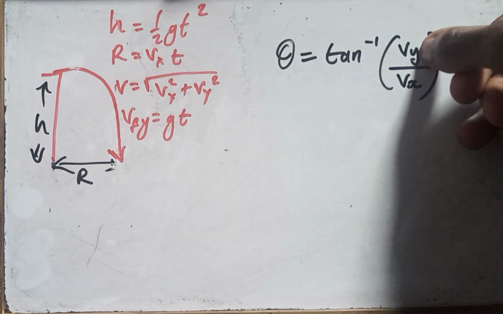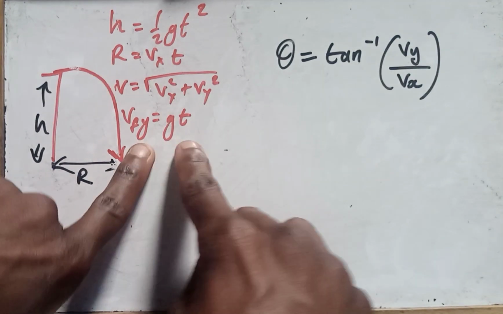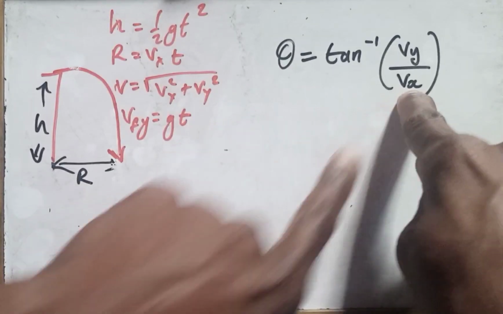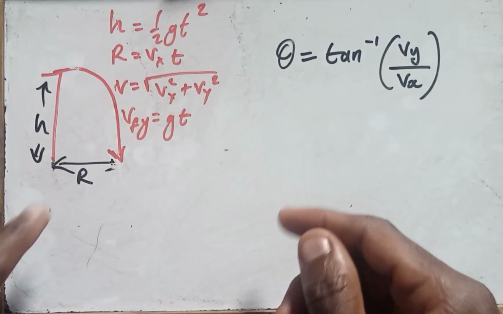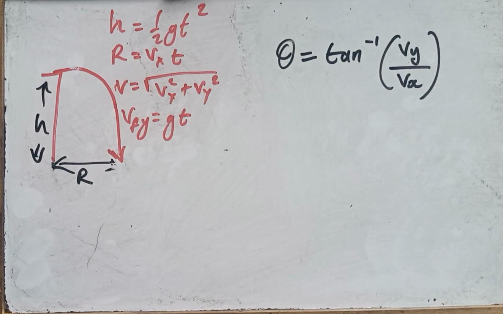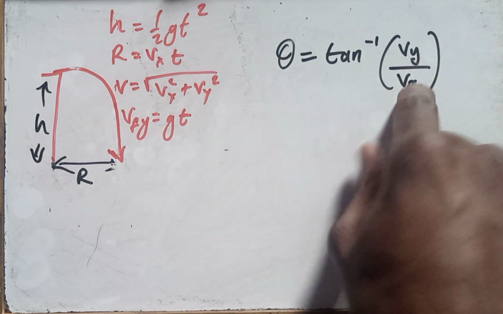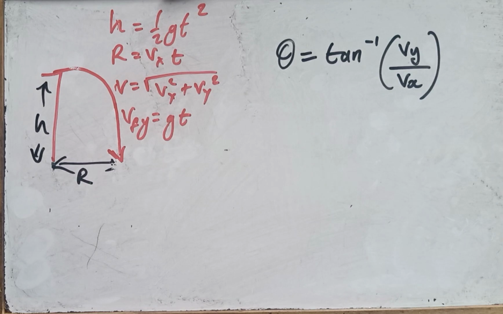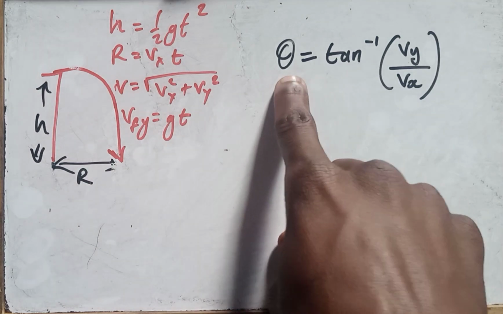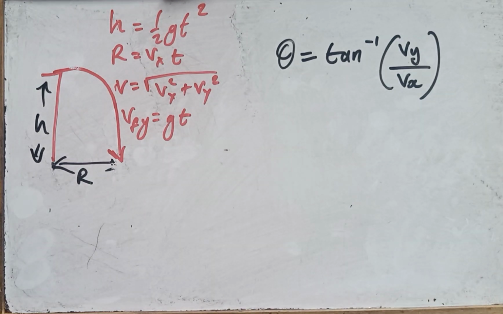You already found the velocity in the y-axis using the earlier formula, and the velocity in the x-axis has been given, which is the velocity the ball was thrown at. You then take the inverse of tan of this ratio, and you get your angle theta. So these are the equations we use when dealing with problems involving projectile motion.